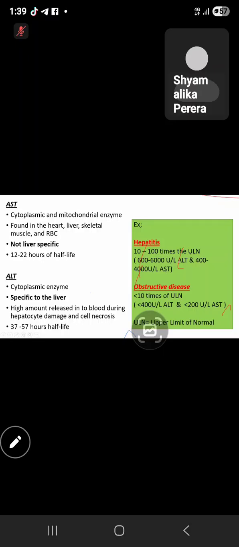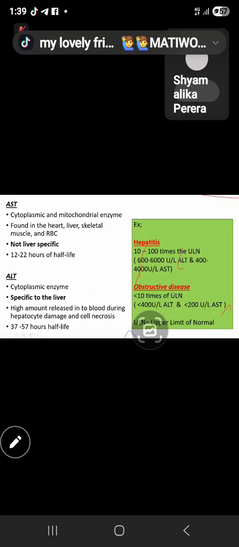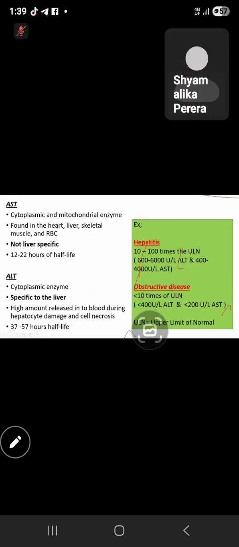So in hepatitis you can observe much higher levels of AST and ALT than in obstructive disease, because in obstructive disease your liver hepatocytes are normal, up to some extent. Because of the obstruction you have the raised bilirubin level, but AST and ALT are normally less than 10 times the upper limit of normal.